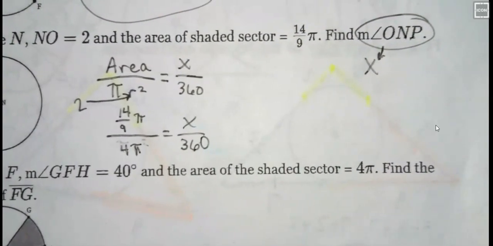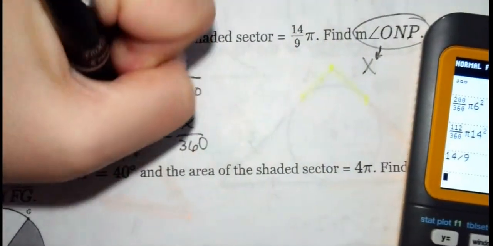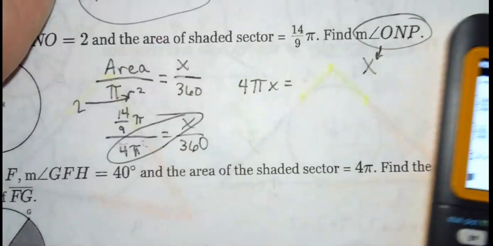You're going to cross multiply. And then you're going to solve. All right, so let's show you guys what that looks like. So when we cross multiply, we're going to do 4 times pi times x.